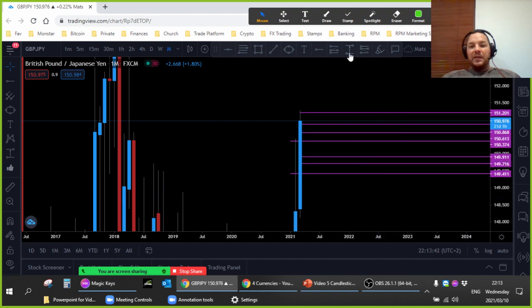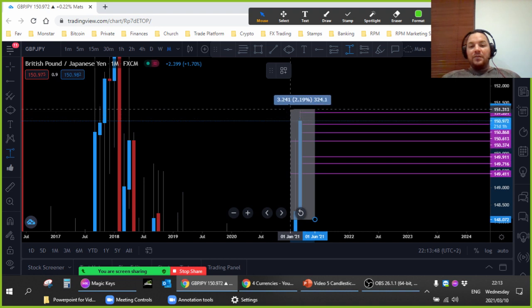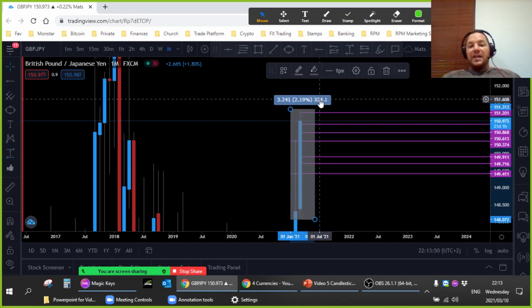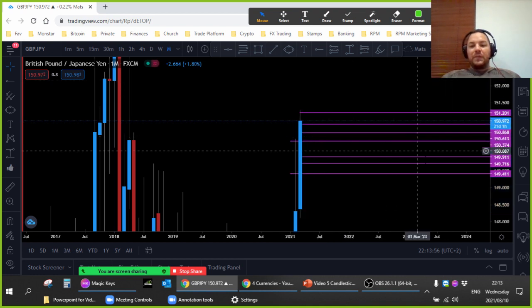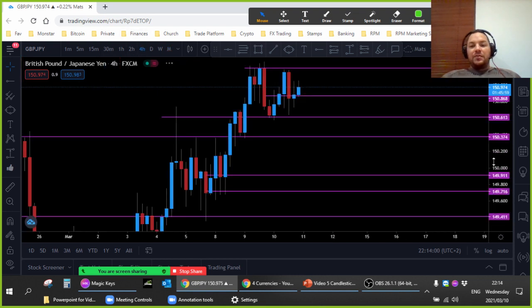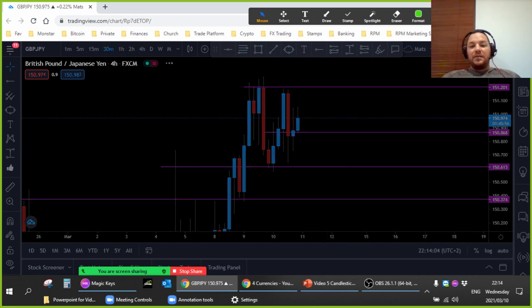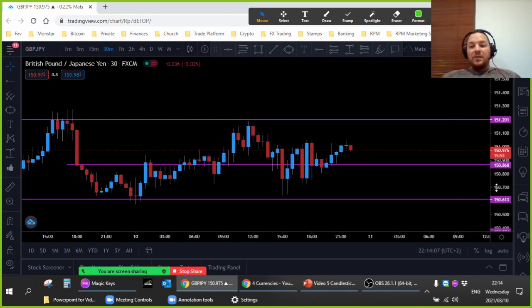I know you guys don't understand it yet, but just to give you an example, this monthly candle has already moved 324 pips bullish, and we're only 10 days into the month. Cool. Alright, let's just scroll back down. This is how we go down to 30.